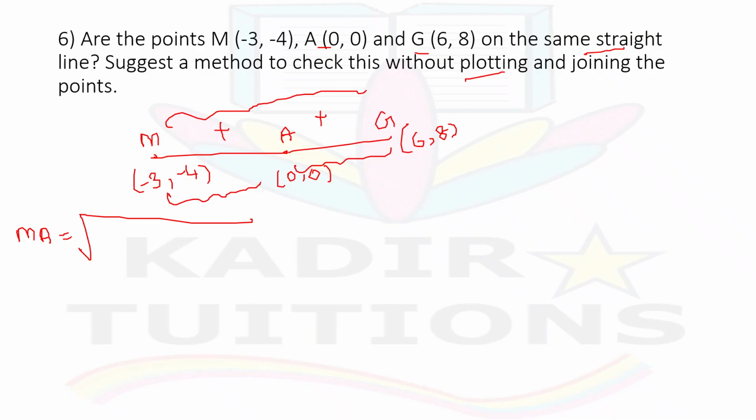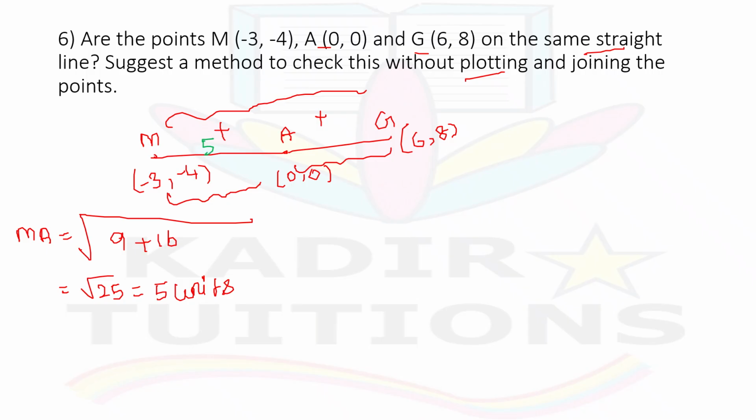Minus 3 minus 0 is going to be minus 3, the whole square, which is 9. Minus 4 minus 0 is going to be minus 4. If you square it, you will be getting 16. So if I add these, it is going to be 25. So the answer is 5 units. So what is the length of MA? It is going to be 5.